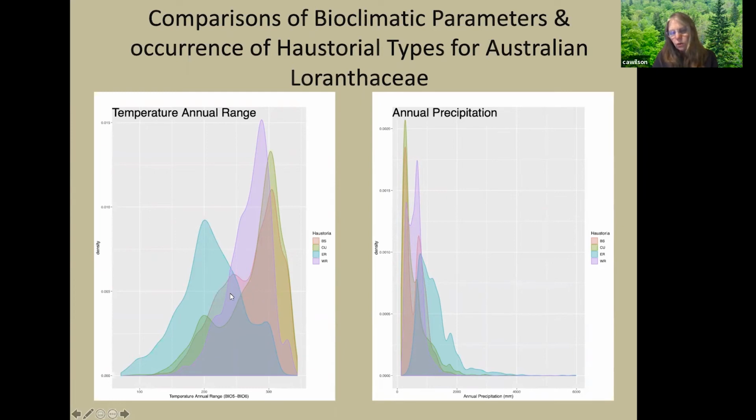So they can survive quite a large range in annual temperature. They do quite a bit better than the other mistletoes in that way. Here's their peak here. But in annual precipitation, they can be found where they're fairly dry. So they do seem to do well in those dry areas, but not necessarily restricted to a warm climate. They can be in warm or cold climates.